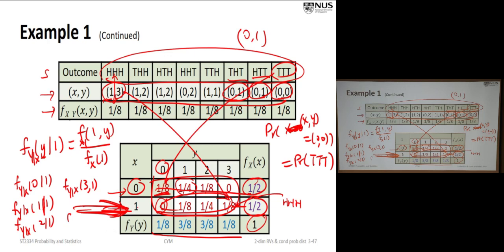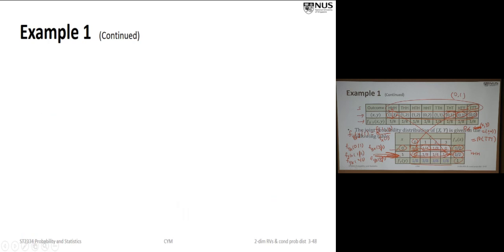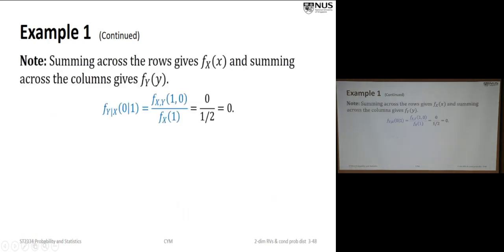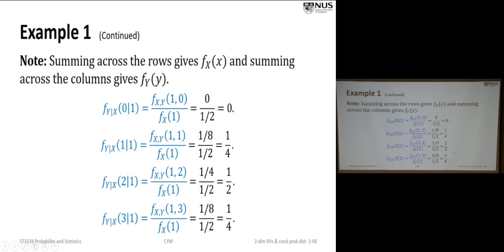Do I have to work out (4, 1)? Obviously not. It's not here. So we know that we don't have a 4. So we work out these 4 values. So f of Y given X, when Y equals 0, X equal to 1, it's 0. So similar for the other 4.